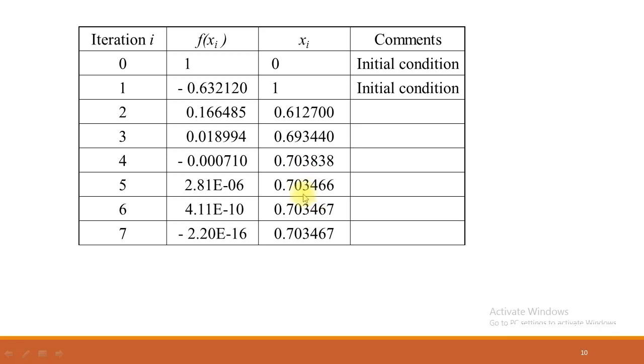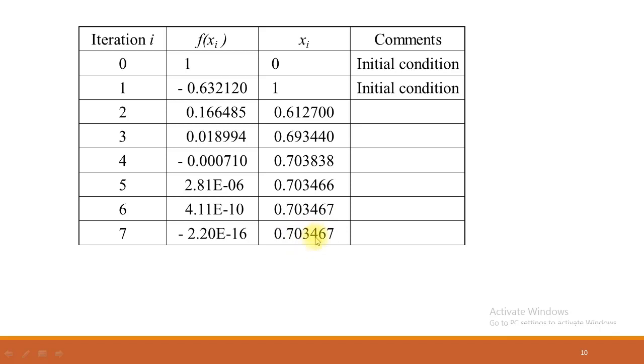Similarly, the sixth root is correct to 5 decimal places, and this last root, x7, is the correct root of the given nonlinear equation, correct to 6 decimal places, because 6 digits are repeated after the decimal. These two roots are equal. So this x7 is the root of the given nonlinear equation, correct to 6 decimal places.